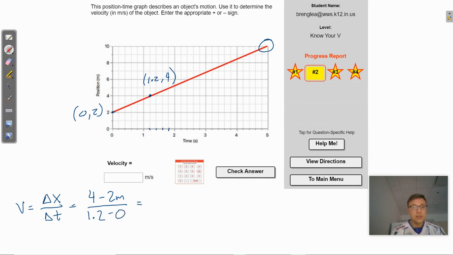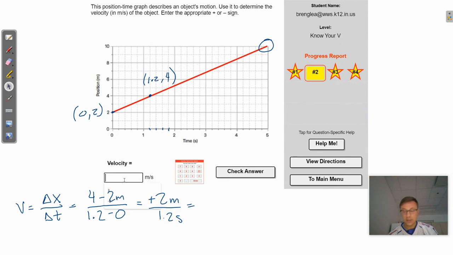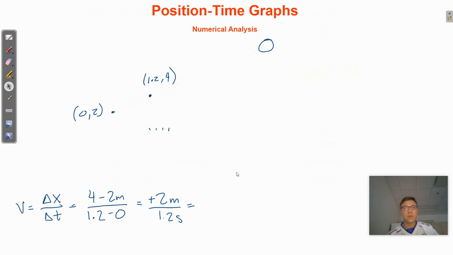This is going to give us a positive 2 meter displacement over 1.2 seconds. Let's go ahead and throw that in the calculator real quick. Once again, this is positive 1.67. It's 1.6 repeating, and that did work the last time when we rounded.